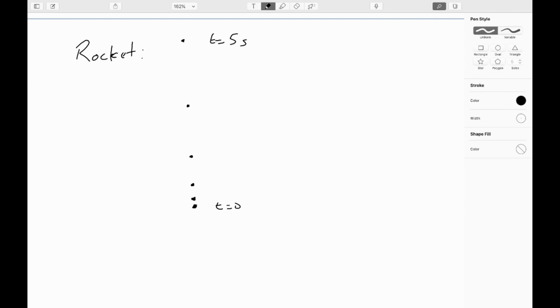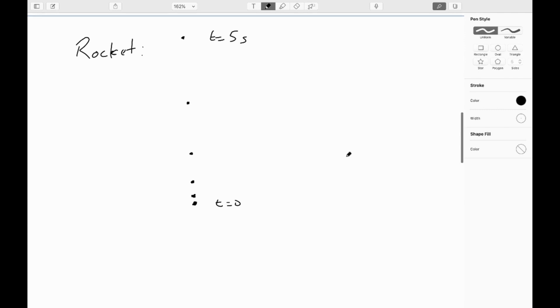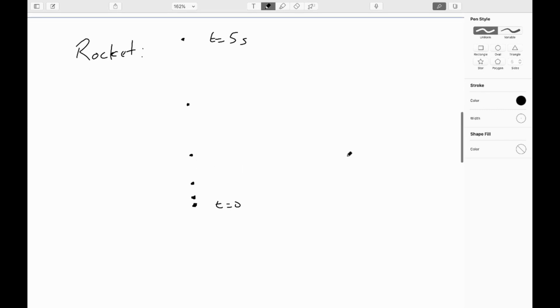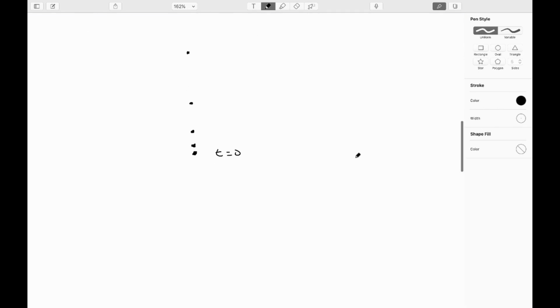Now, we're going to be using these motion diagrams to come up with more formal definitions of position and displacement. But for a quick moment here, I need to take a quick detour into the land of math and bring up the idea of vectors and scalars.